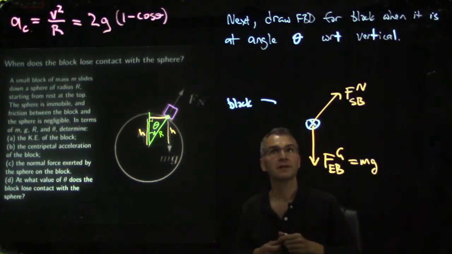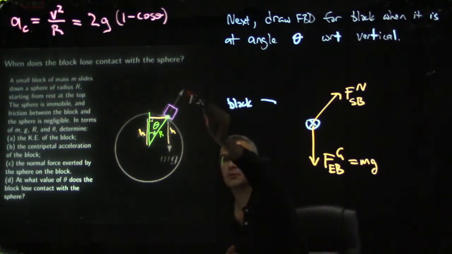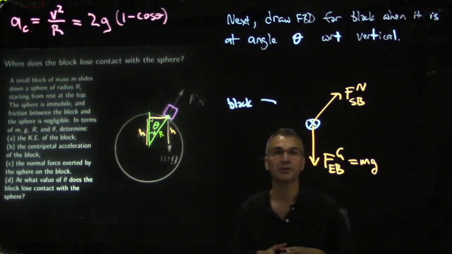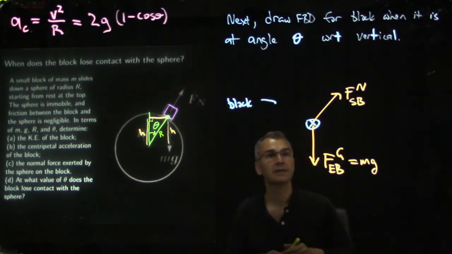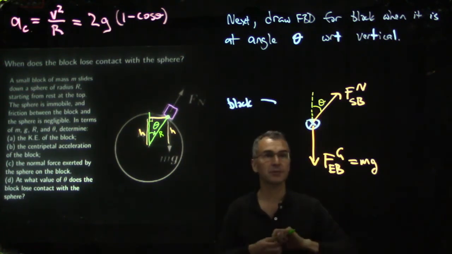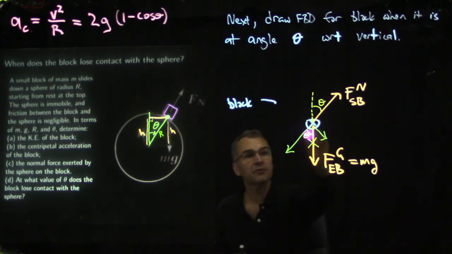And we want to find the radial and tangential components. We really only care about the radial component, since we want to use F equals ma for the centripetal component. So we want to decompose gravity. Let's indicate where the angle theta is here. Then let's decompose gravity. This must also be theta, since this is extending the same line. So if this angle is theta, then this angle must be theta.